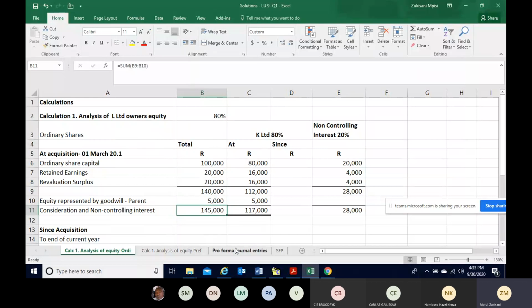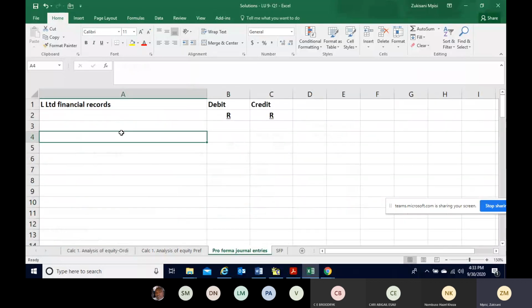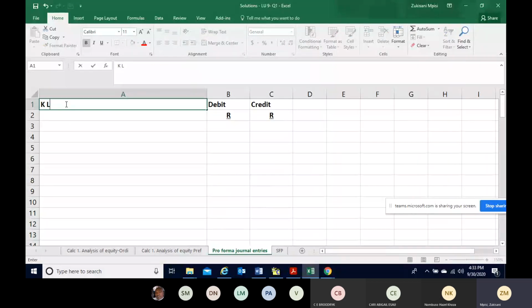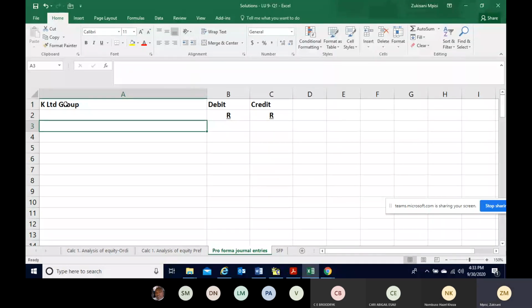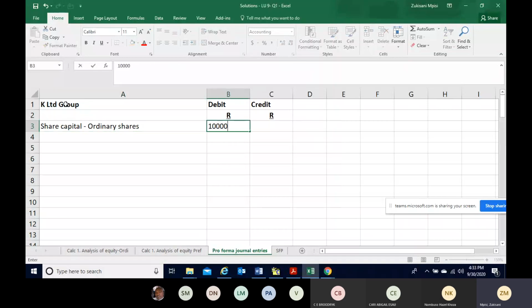So what we are going to do now on the pro forma journal entries, K Ltd group, is we are saying share capital, ordinary shares, it's 100,000.